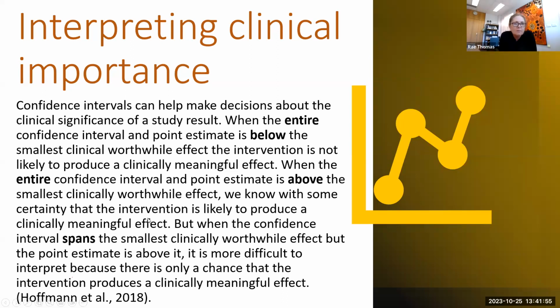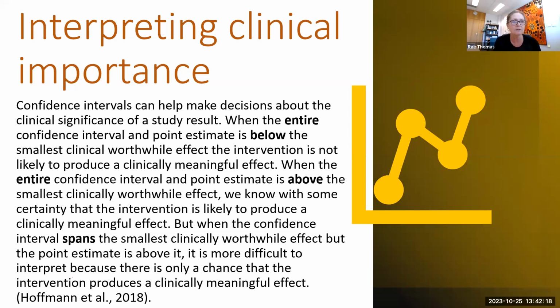All right, and I'm going to show you a picture in a minute, and this is preferencing the picture. And I kept forgetting to turn on my notes. So what I'm interested in doing is looking at how you interpret the clinical significance based on confidence intervals. So here, I'm just going to read this out, because it's important text, and I'm going to read it all.